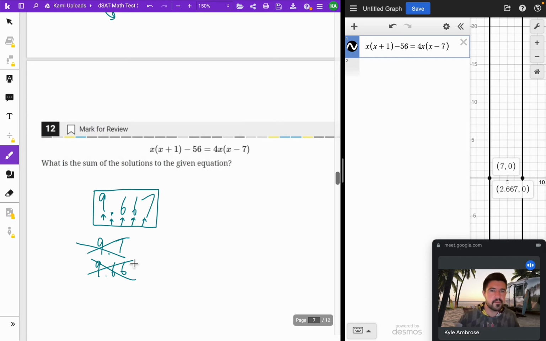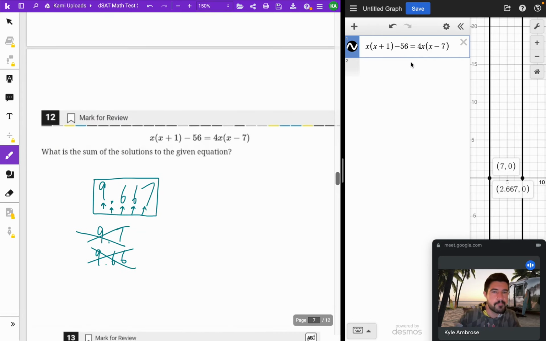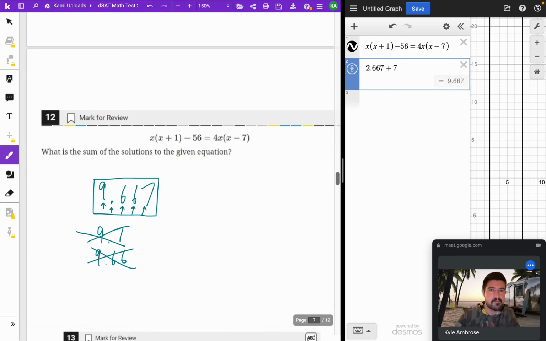Now, another way that you could do this one, I just want to show you what Desmos could do. We had 2.667 plus 7, and that was our answer. You could see here, it could turn that decimal into a fraction, but that's a messy fraction, and that's actually what this equals. But it should be obvious that that's not the answer, because it's a huge fraction, and obviously you can't fit that in the boxes on the SAT.